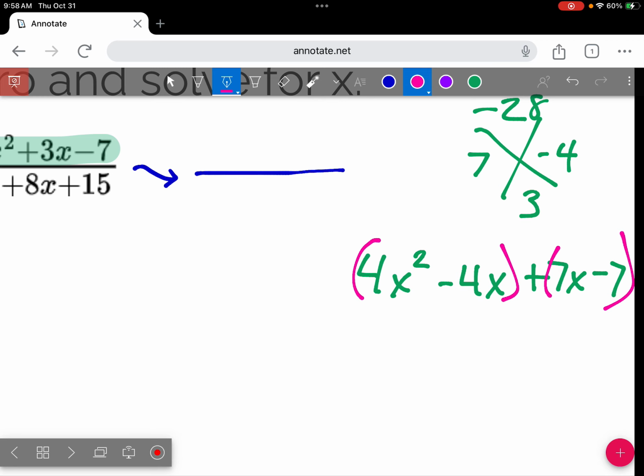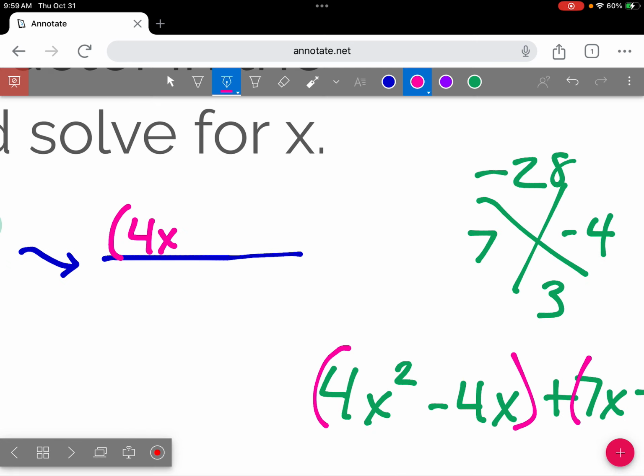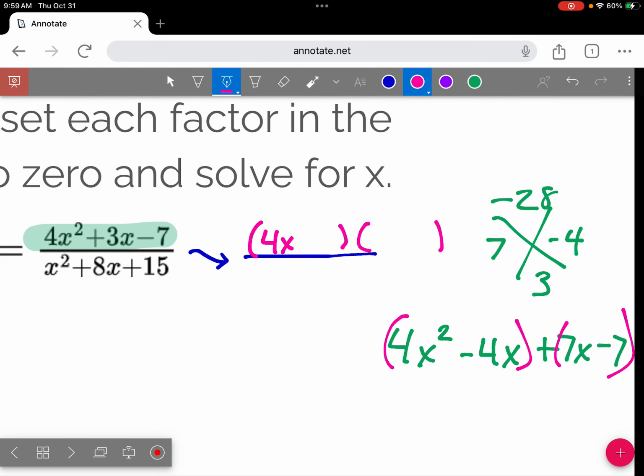So what are our factors that we're going to get? 4x plus 7, and x, what's left over? Minus 1.